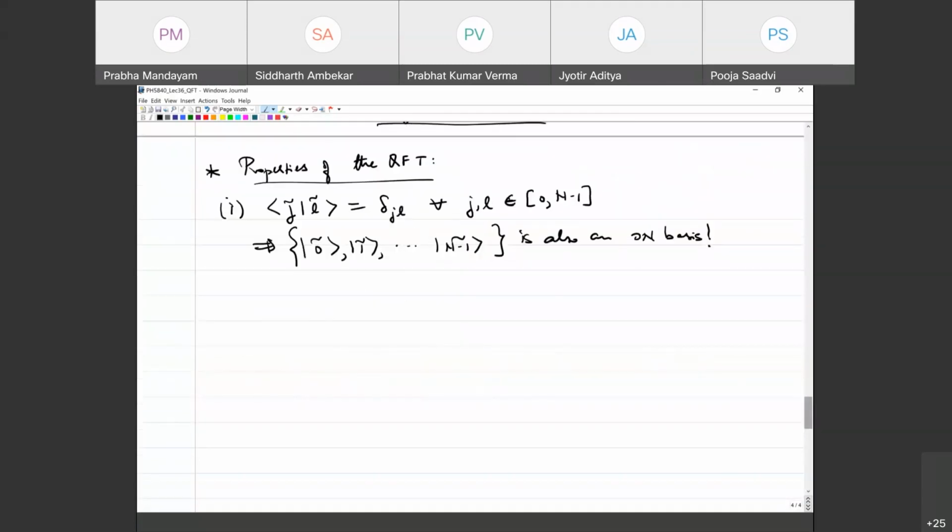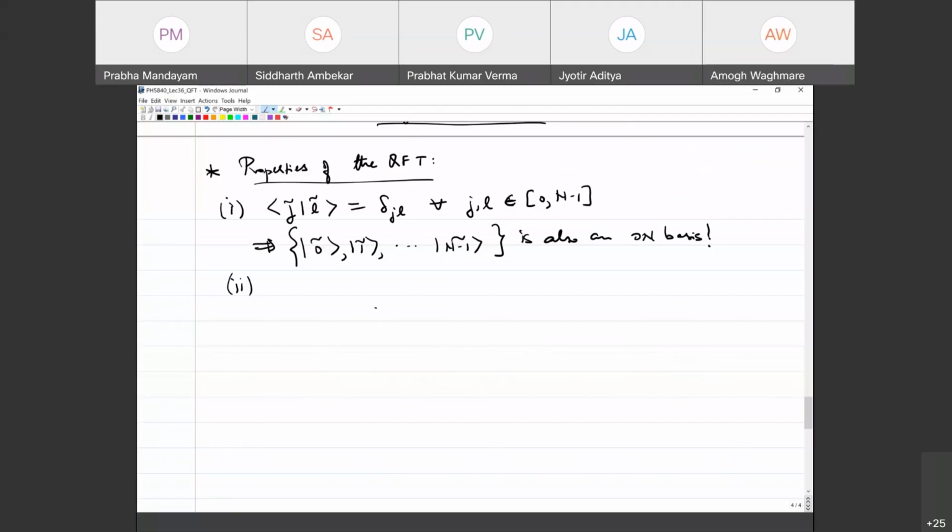What does this then tell you about the QFT operation itself? What kind of transformation is it? It has transformed you from the 0, 1, 2, 3 basis to the 0 tilde, 1 tilde, etc. basis. So what kind of transformation is it? Unitary transformation.